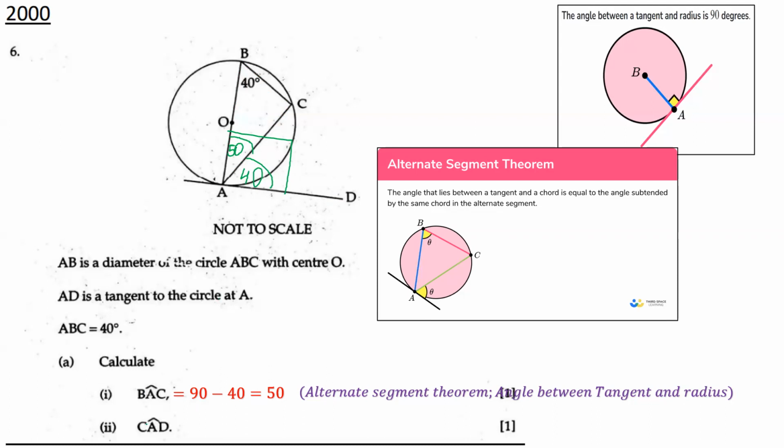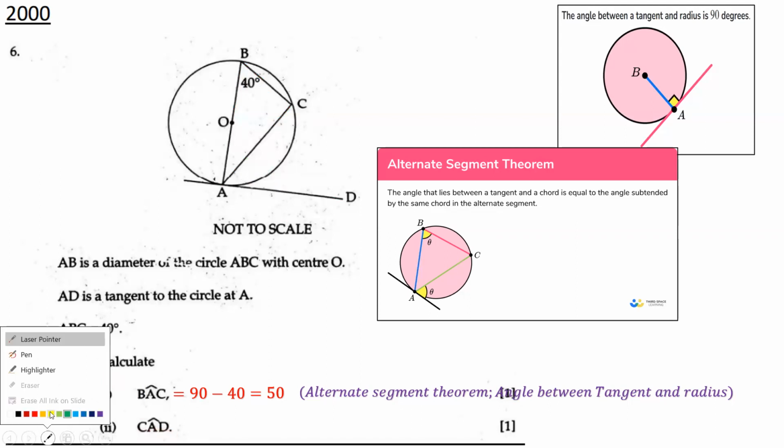And now the next question says, calculate CAD. Now, A is going to be equal to this point right there. That's the point A. C is going to be equal to this point right there.